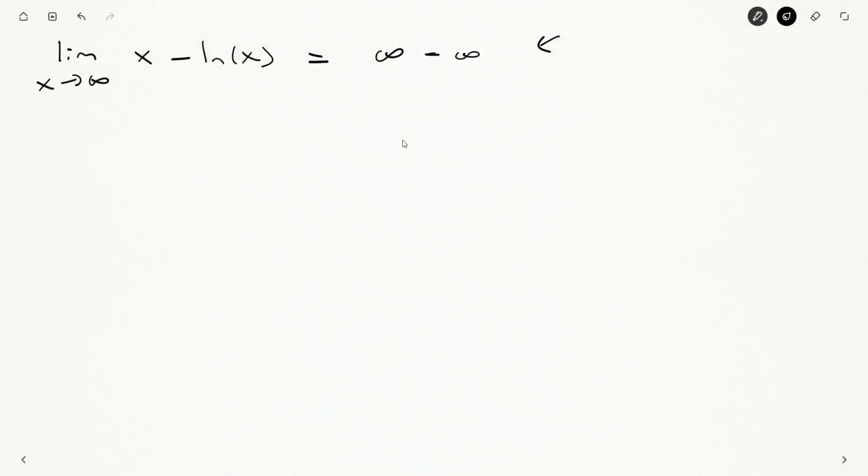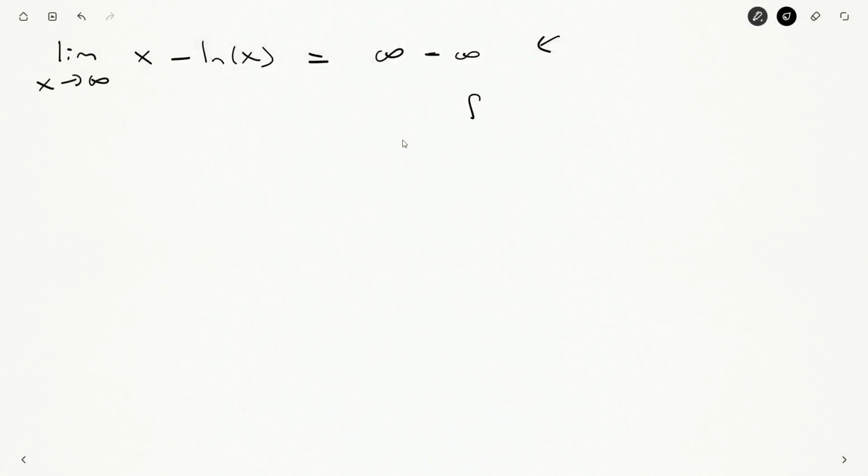Well, you might remember at the very end of one of the classes, depending on what class you're in, morning or afternoon, I gave you this big chart that said, if you're having trouble converting between one form or another, try something like this. So we can actually try to convert this into 0 over 0 or infinity over infinity. Now, I don't know which is going to be best, so we'll try them both.